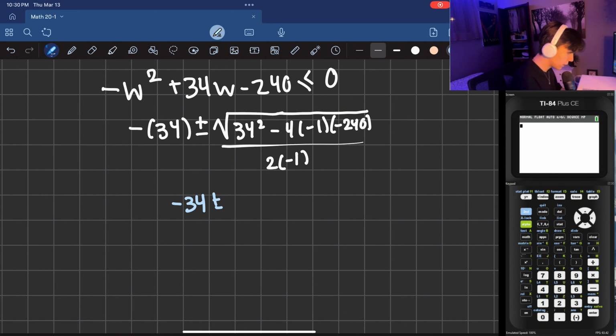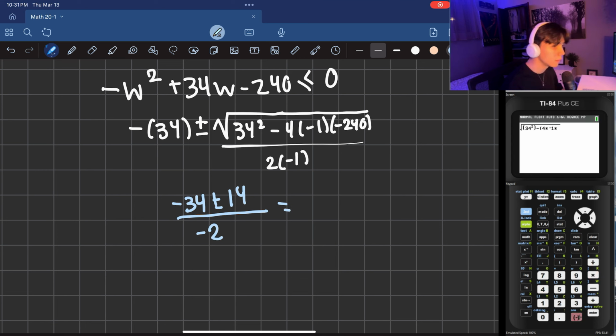So now, as we simplify, I'm just going to put everything in my calculator here. The square root of 34 squared minus 4 times -1 times -240. What does that give us? It gives us -34 plus or minus 14 over -2.